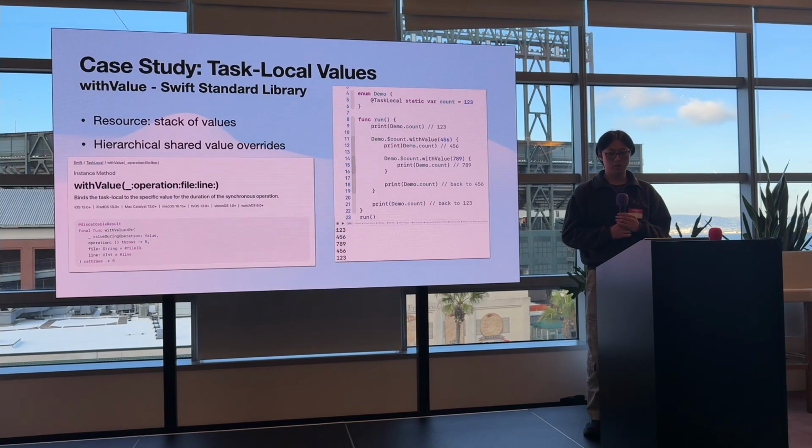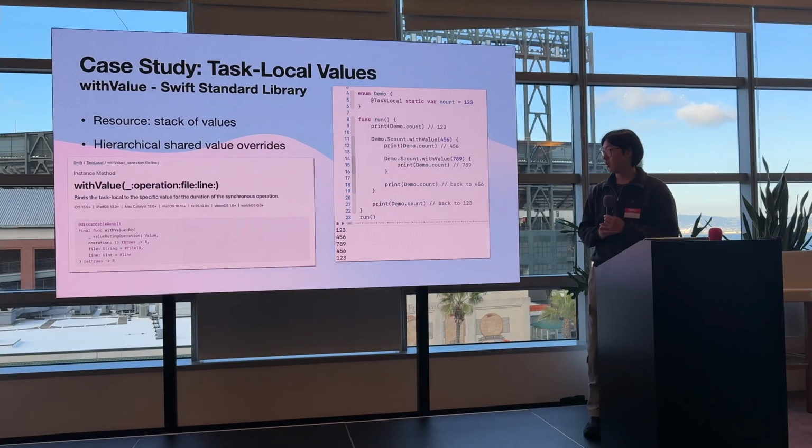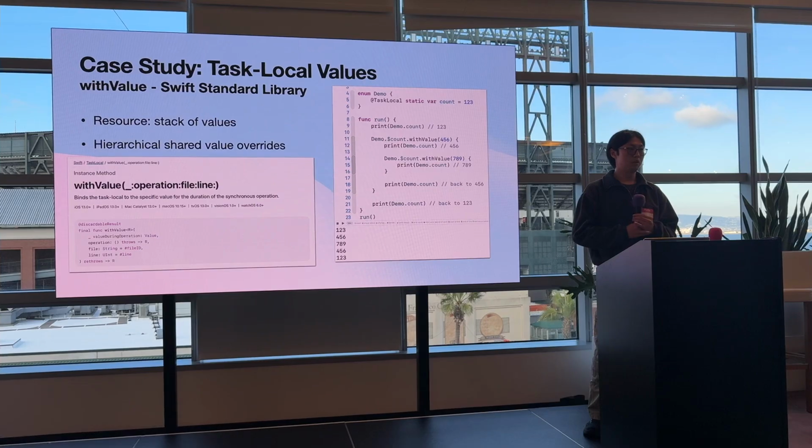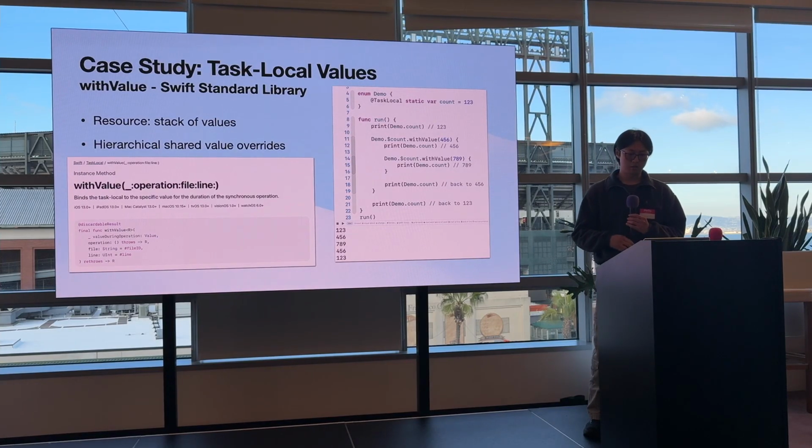And then you can even nest another withValue call to get another value. But the good thing here is that whenever you exit the scope of a withValue call, you'll get back the value of its enclosing scope, the caller of this function.